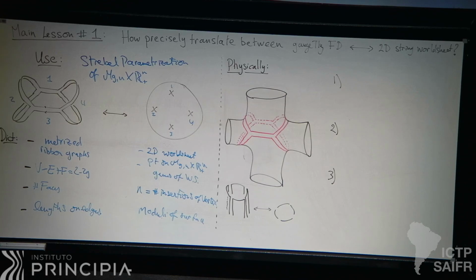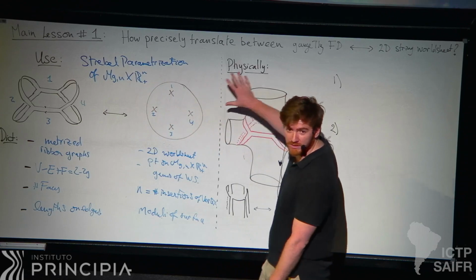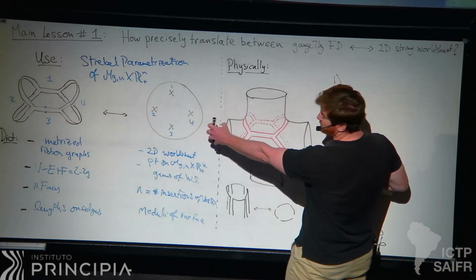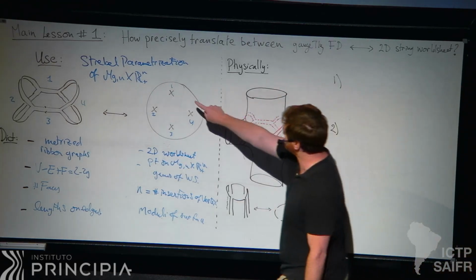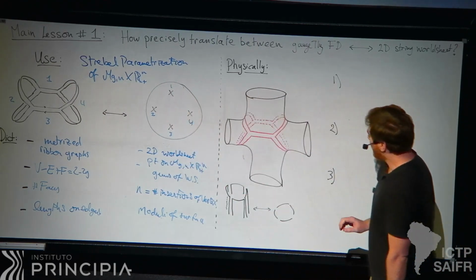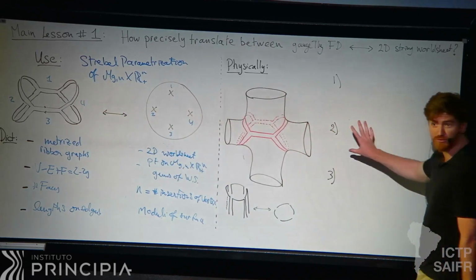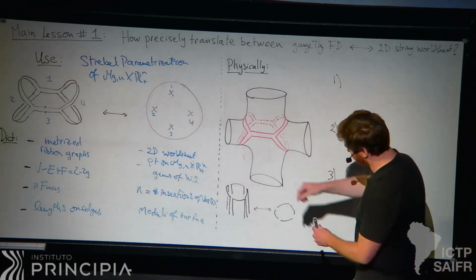So what I've done over here is I've redrawn this same 2D world sheet. It's this genus 0 world sheet. It has 4 external insertions. These are the asymptotic closed string states. They're just related here via some conformal transformation. And what I've done is I've superimposed this graph on top of this world sheet for you. So how does the graph tell you about the world sheet?